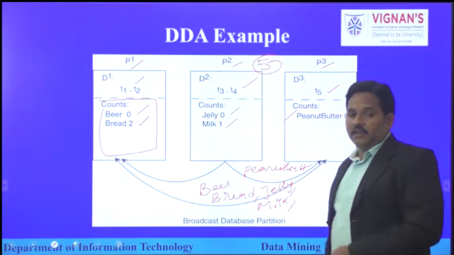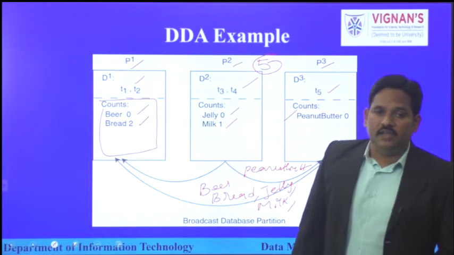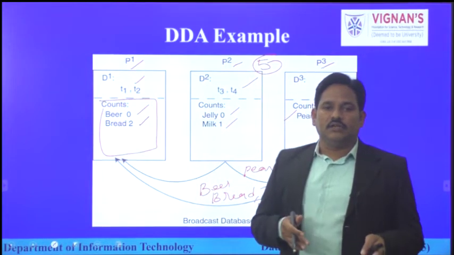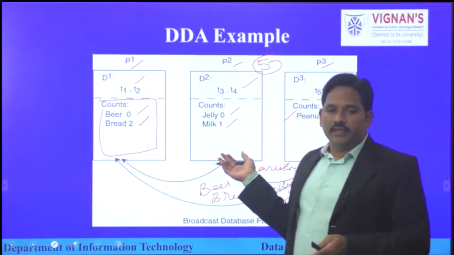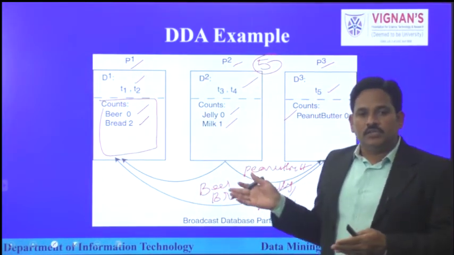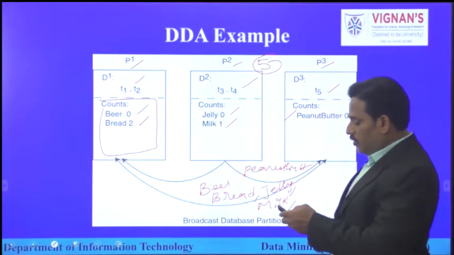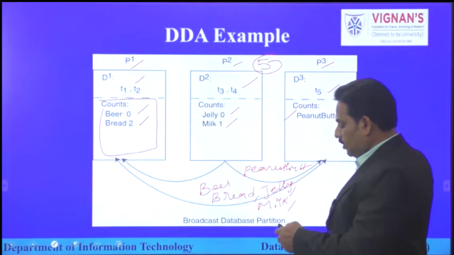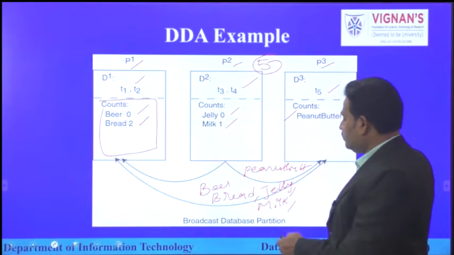That is the meaning here. In the previous example, CDA, all items are available in every partition and we repeated it 3 times. Here the items have been distributed even after doing the partitioning. This is called task distribution, the data distribution algorithm.